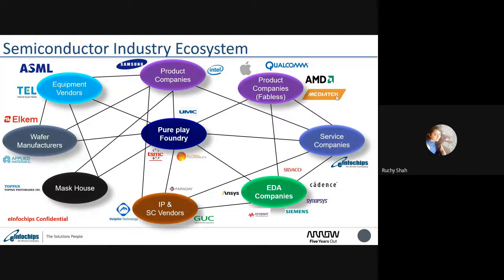Then the next important sector is the service company. A service company is a type of company which has expertise in a specific field. Here lots of companies are there. eInfochips comes in the ASIC sector, as a service company.